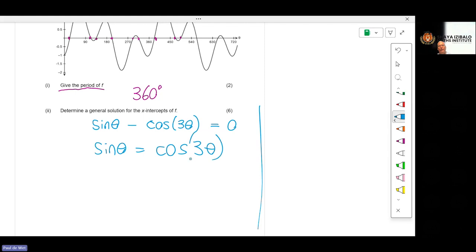And I'm going to ask someone to tell me. Yes. If we had the same angle, we would divide. Well done. So you've taken the words out of my mouth. If they were both 3 theta, we could divide.